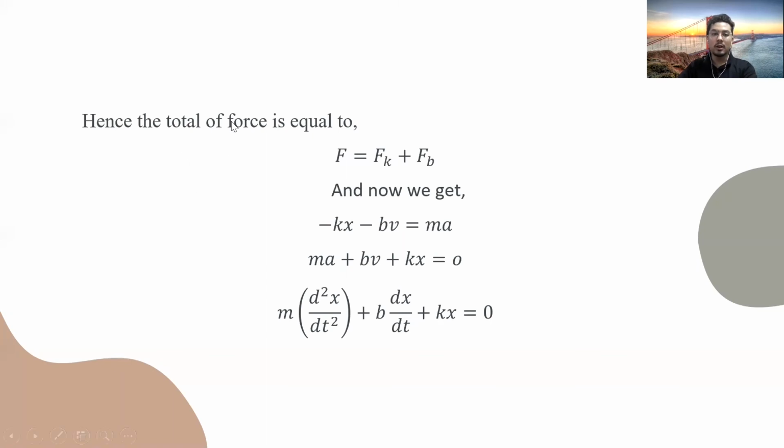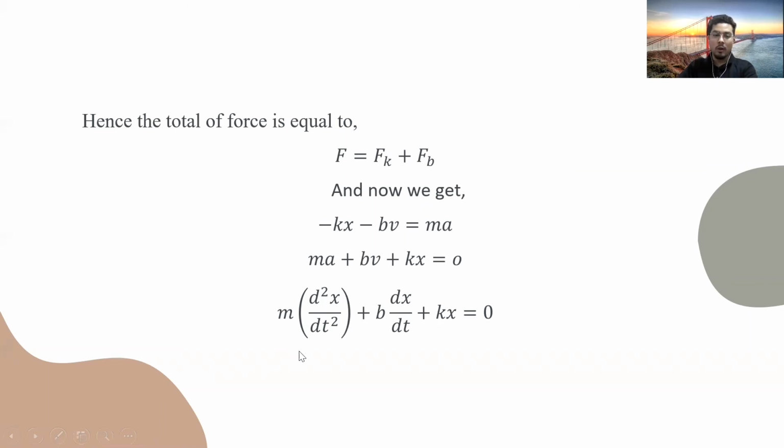Hence the total force is F equals Hooke's law equation plus the friction equation, and we get negative kx minus bv equals mass times acceleration. So now we change this into equal to 0.